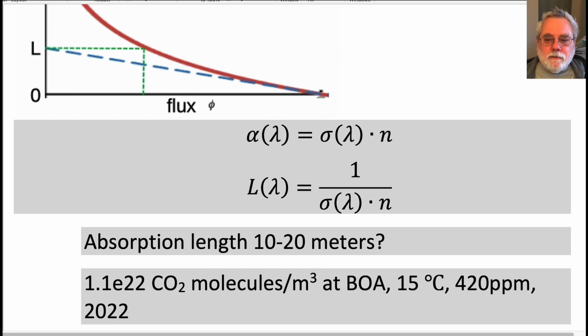We use Avogadro's number to calculate the total number of molecules per cubic meter, 2.55 by 10 to the 25 molecules per cubic meter. We use the 2022 value of 420 parts per million for carbon dioxide, and we get 1.1 by 10 to the 22nd carbon dioxide molecules per cubic meter at sea level at plus 15 Celsius for 2022.